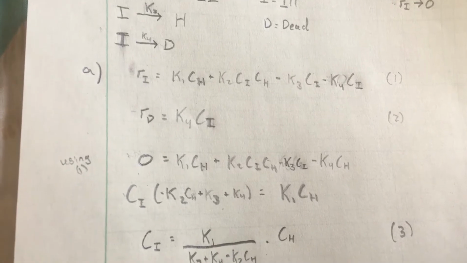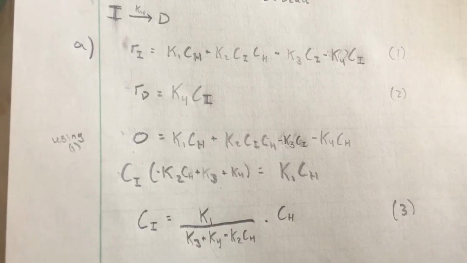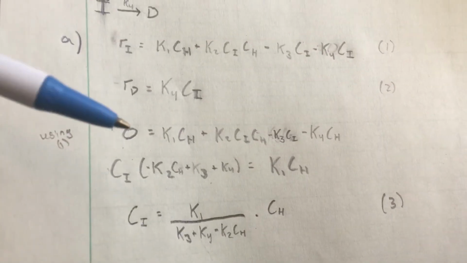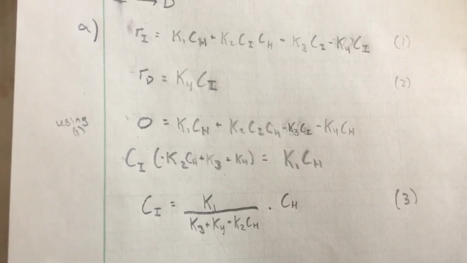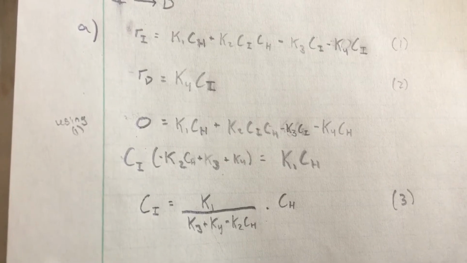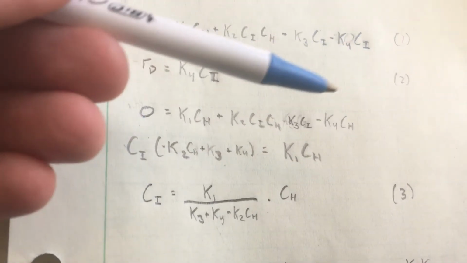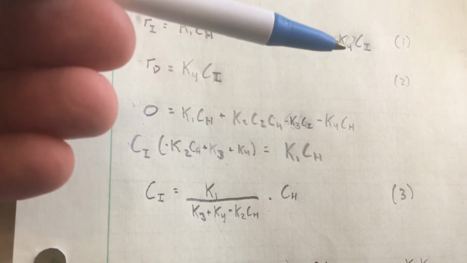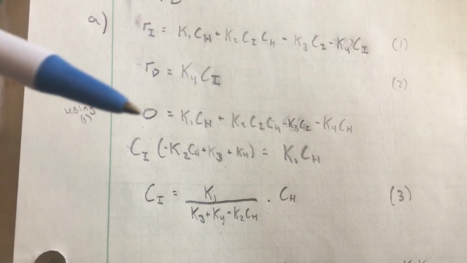We're going to take that first equation, the RI term, back, and we're going to use the pseudo-steady-state hypothesis, set it all equal to 0. We're going to gather up all the terms that have CI in them, common, and move them all to one side of the equation. And I apologize, this K4CH should actually be K4CI, it's a slight oversight.